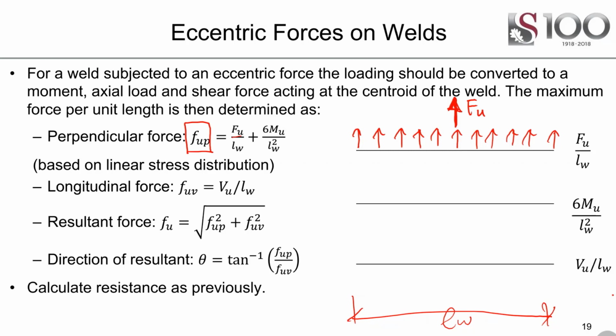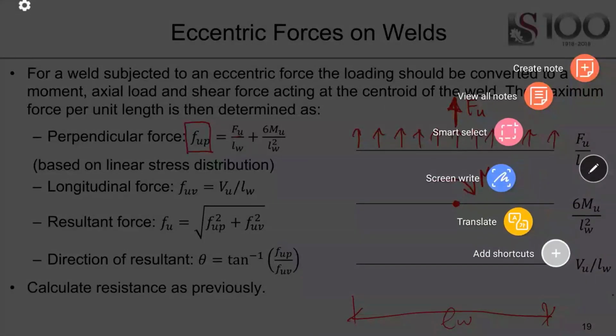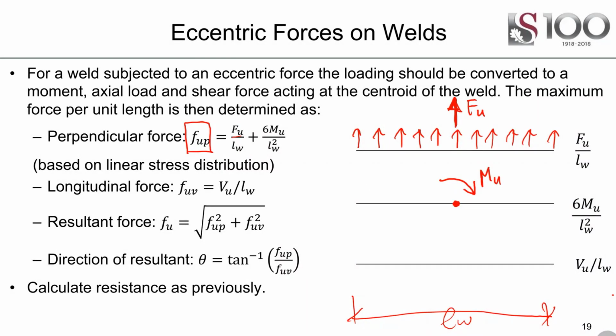But now what you have is also a moment. So for instance, we take this, we have a moment. The moment causes a stress distribution identical to that which you see in a beam. Plane sections remain plane, linear stress distribution. So here you end up with the stress profile ranging from one side to another.